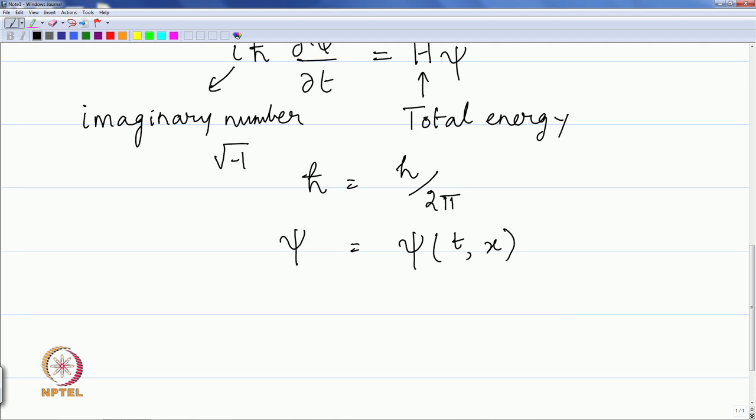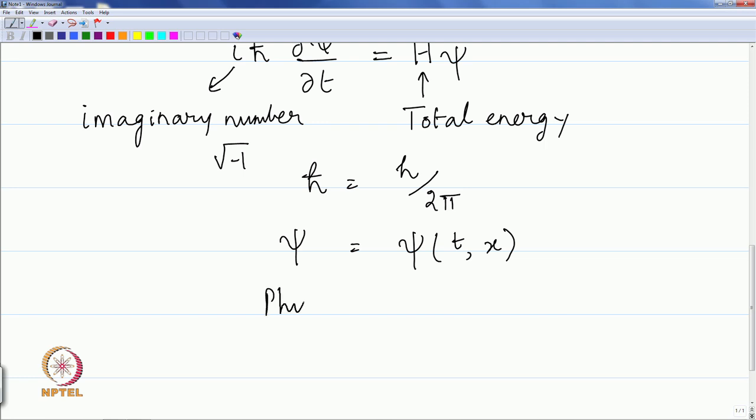The x here represents position in one dimensional motion, but if the motion happens in 3 dimensions, it is a function of all the 3 positional coordinates of that system or the particle, but it is also a function of time. Schrödinger proposed this wave function, and then when the question was asked, what does this wave function mean, even he had difficulty explaining the physical property or the physical characteristics of the wave function.